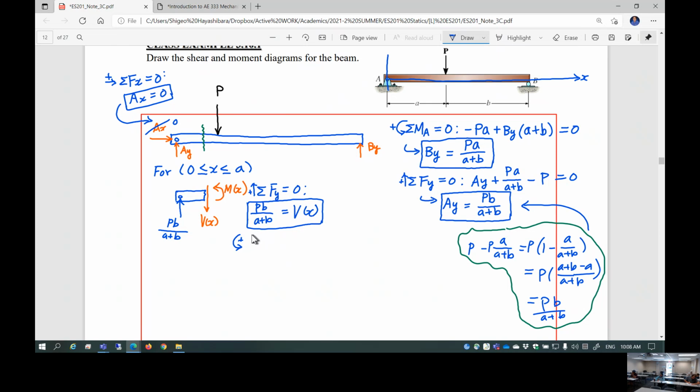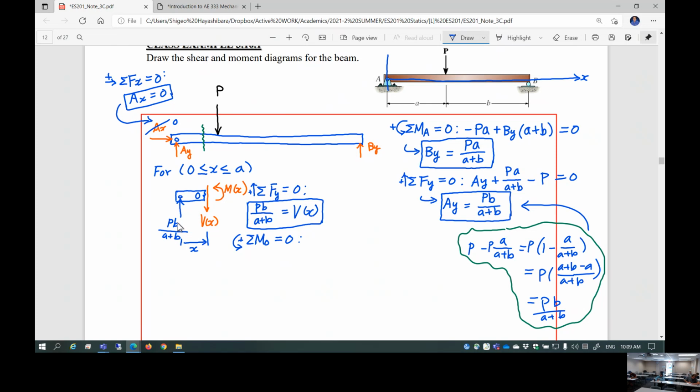So what about the moment? Let's do sum of the moment. Let's call this point O. Sum of the moment at the point O, let's just set equal to 0. And this is going to be what? This is x, of course.